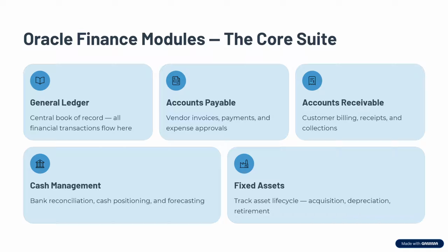So who are the customers here? The customers are the persons who approach Amazon and purchase goods from Amazon. Those are the customers. The AR module deals with this type of transaction only: customer billing, receipts, and collections.